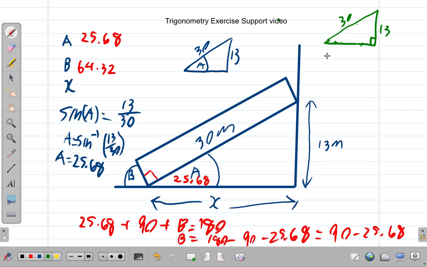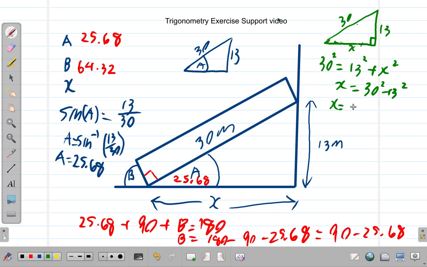Remember, Pythagoras theorem says that the length of the hypotenuse squared is equal to one of the other sides squared plus the next side squared, call it x. Alright, so when you transpose, you're going to get x equals 30 squared minus 13 squared.